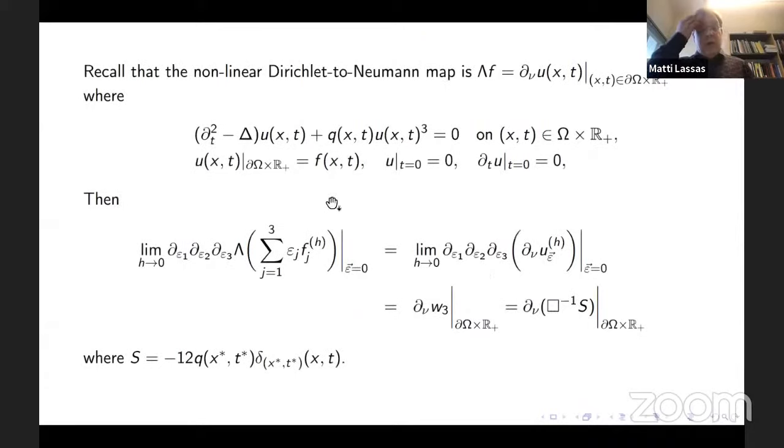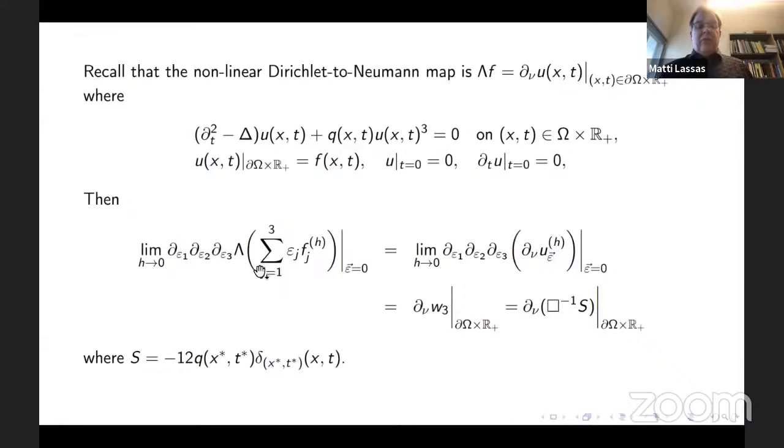So let's see what this now means from the point of view of boundary measurements. We recall that we assume that we are given the nonlinear Dirichlet-Neumann map that maps the boundary value f of the function u to the Neumann boundary value, the normal derivative of the solution of this equation. Let's see what we can do.